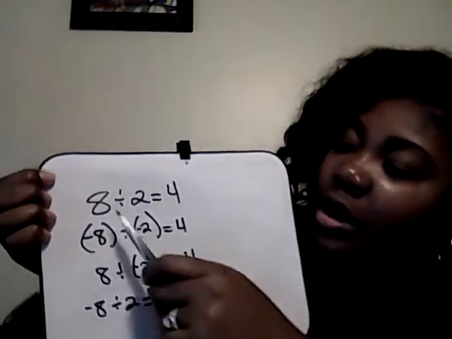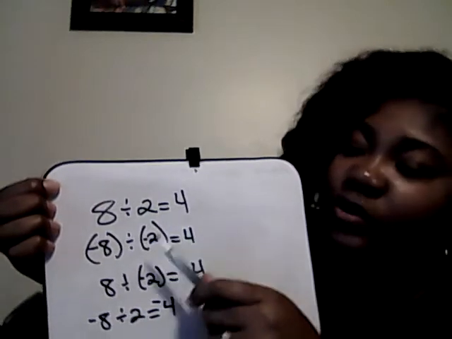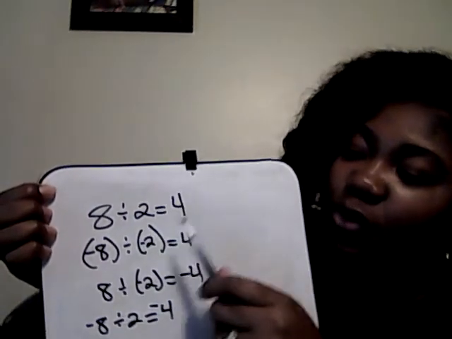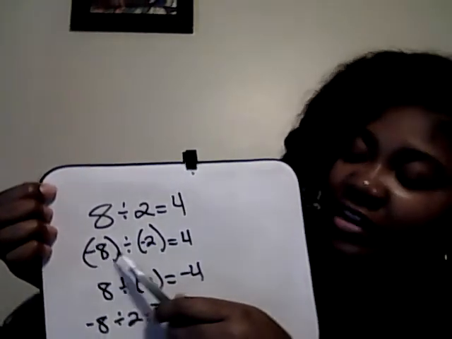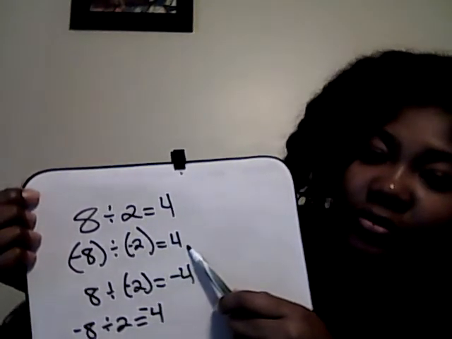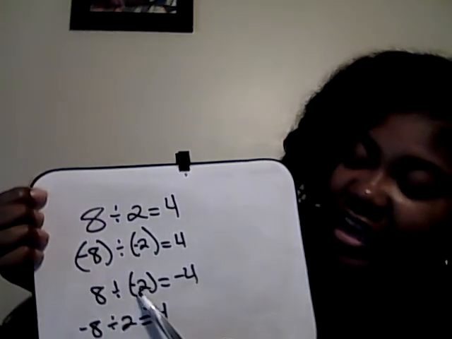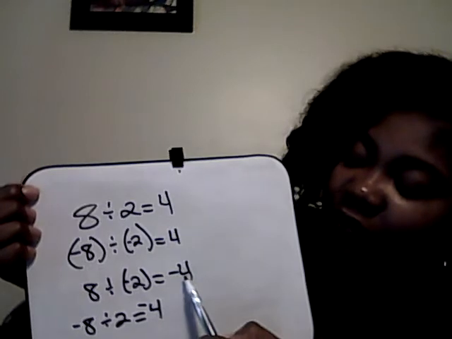Okay, so a positive divided into a positive is going to give you a positive. So 8 divided by 2 gives you 4. A negative divided into a negative will give you a positive 4. And then we have a positive divided into a negative, and it's going to give us a negative 4.